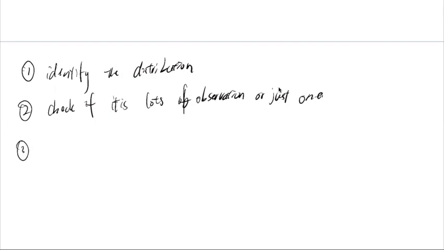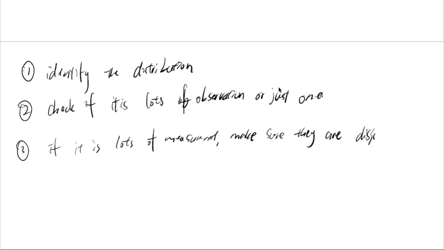If it is lots of measurements, make sure they are disjoint. But in the scope of this class, multiple measurements should all be disjoint, so you don't need to worry about that.